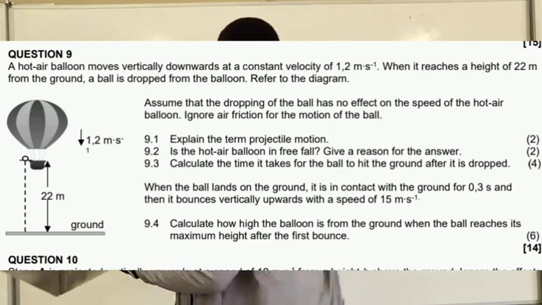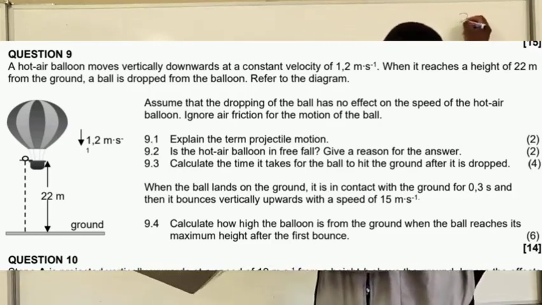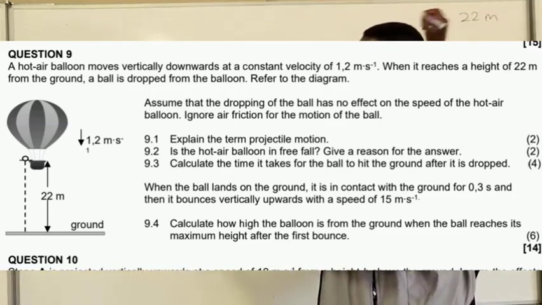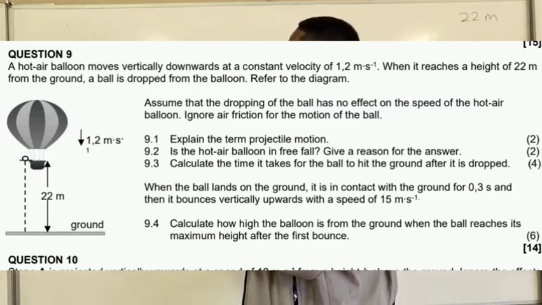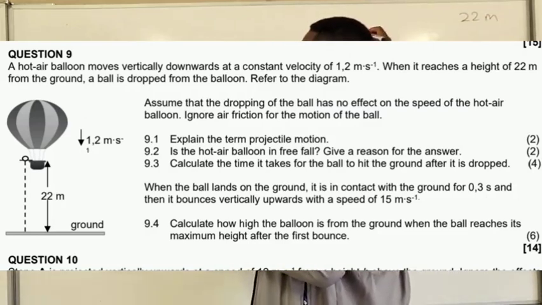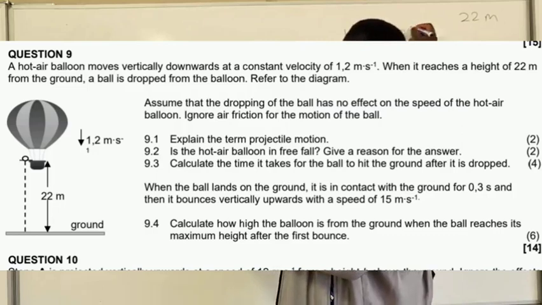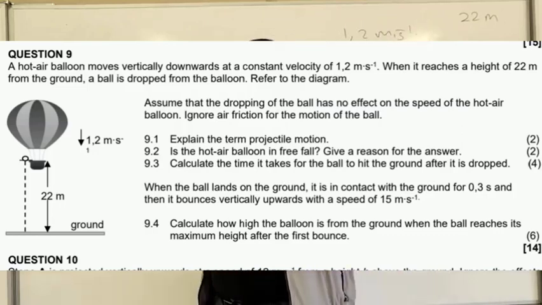Okay, let us take note of this. When it reaches a height of 22 meters and it is moving at 1.2 meters per second. Let us take note of those two values.